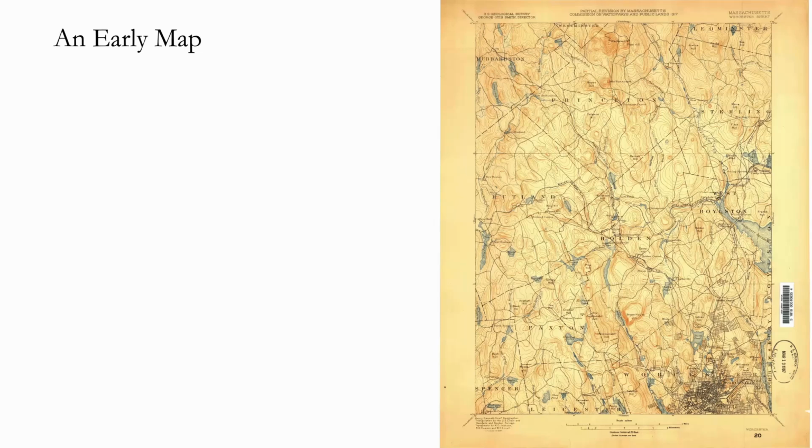This one happens to be Massachusetts Commission of Waterways and Public Lands from 1917. So it can be considered to be a fairly detailed map. And you're going to see a lot of information about not just the waterways, but about the buildings and roads and towns and things that were in existence back there in 1917.